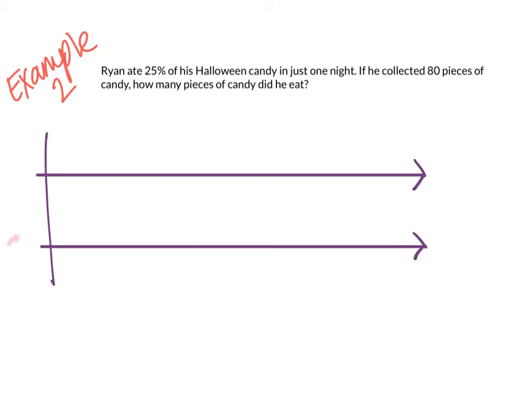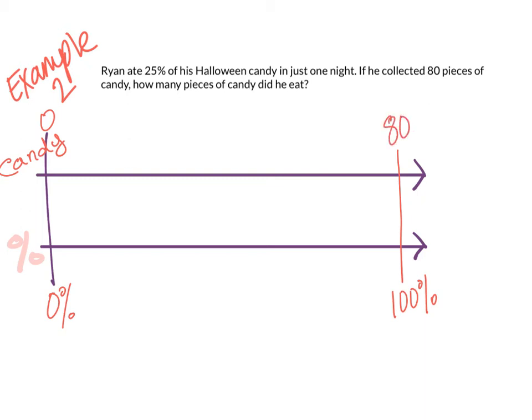I'll have percent be on the bottom, and I will have candy be at the top. We want to start again with 0% being 0 pieces of candy. We can start again at the end of our number line. We know that 100% of Ryan's candy was 80 pieces.